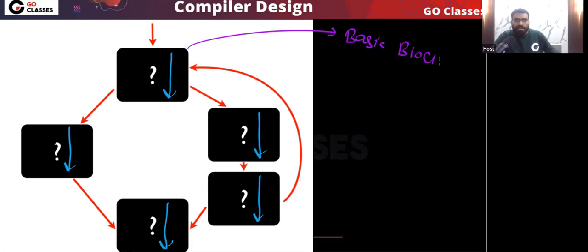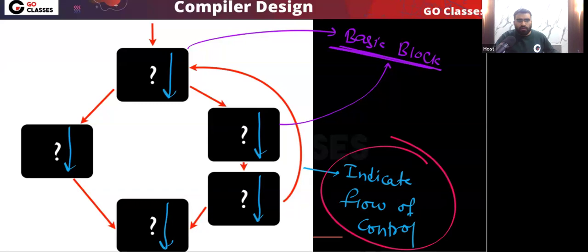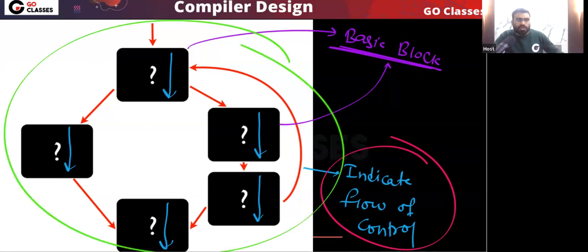So basic blocks are the nodes, and the edges are telling you the flow of control. The edges indicate the possible flow of control in the program, that is, from which basic block the flow of control can go to which basic block.